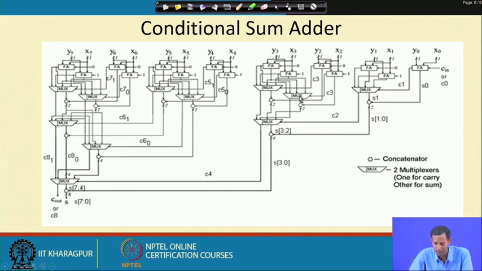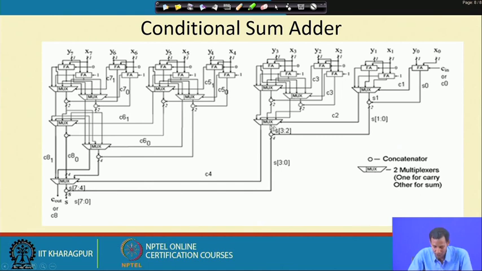So we have computed these two multiplexers for the previous stage carry. But another carry can be generated, which is this C2, and that will also affect this particular stage.